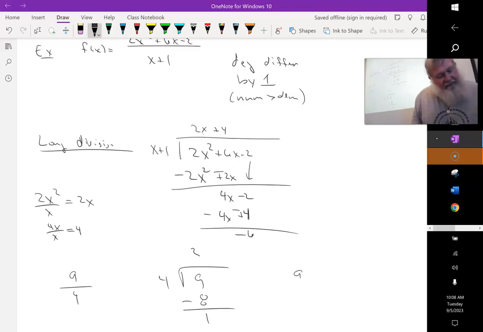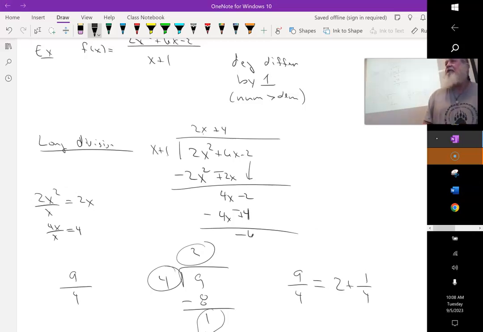That says 9/4 could be thought of as, how many whole times did it go in there? 2 plus the remainder over that, plus 1 over 4. And you can check, what is 2? 8/4. 8/4 plus 1/4 is what? 9/4. So you do the whole part plus what? The remainder over the divisor.